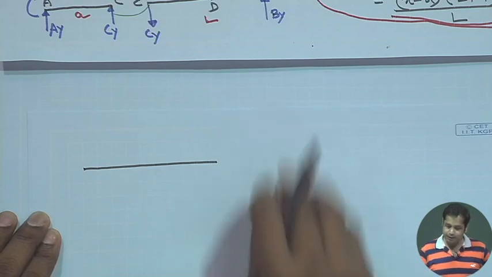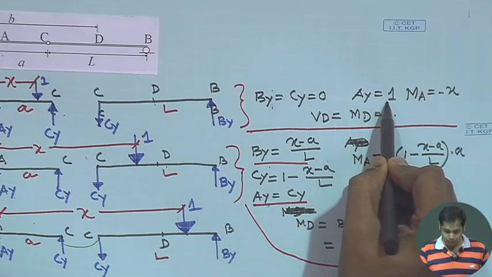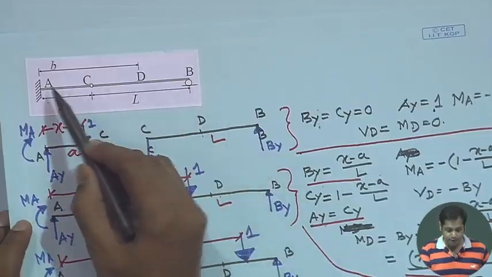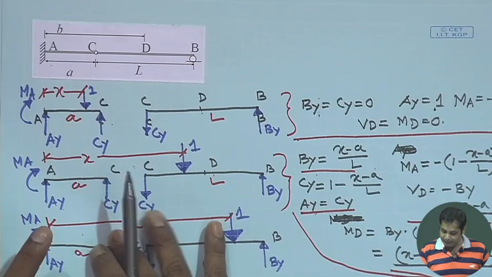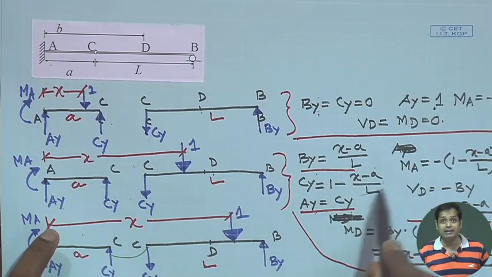Now, what is the expression of Ay? Ay is equal to 1 for the first case, when the load is between A and C, and in all other cases Ay is linearly varying.